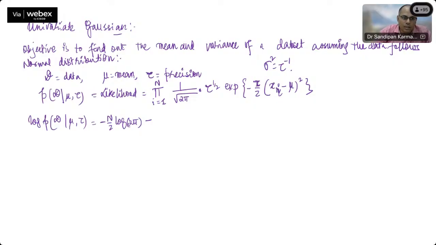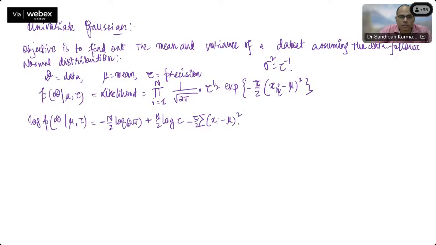So the log of P of D given mu comma tau is minus n by 2 log of 2 pi, plus n by 2 log of tau, minus tau by 2 times the summation of (xi minus mu) whole square.